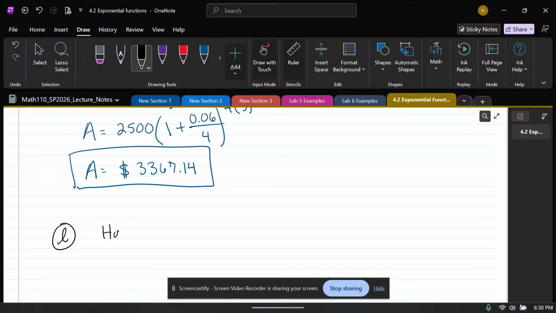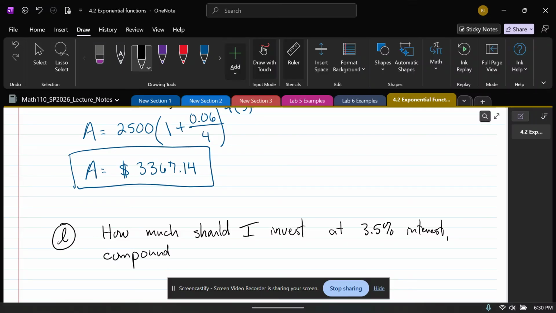How much should I invest at 3.5% interest, compounded monthly, to have $15,000 after 10 years.